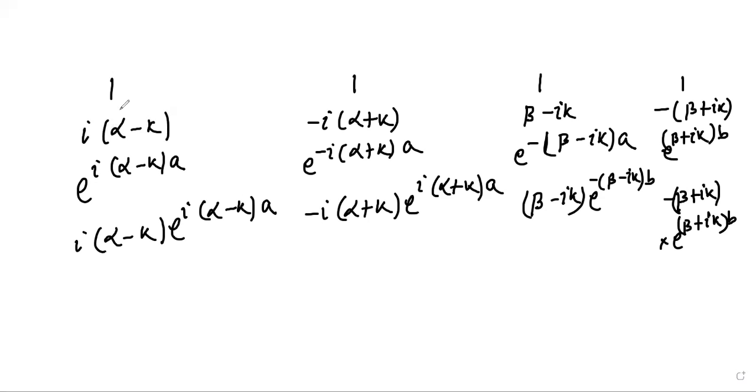So the coefficients of A, B, C, and D are taken in determinant form. If this determinant is 0, then only will we have a non-zero solution to these equations.